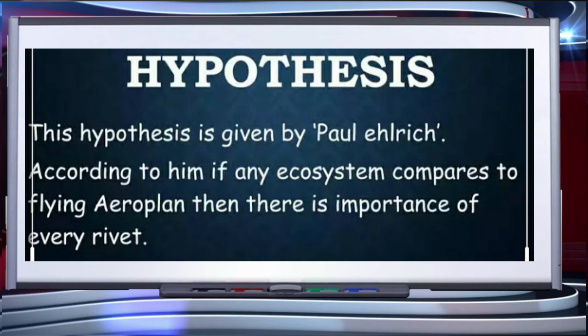But with time, as more and more rivets are removed, the plane becomes dangerously weak. Loss of a rivet on the wings is a more serious threat to flight safety than loss of a few rivets on the seats or windows of the plane. So, this was the hypothesis given by Paul Ehrlich to explain the importance of species in the ecosystem.